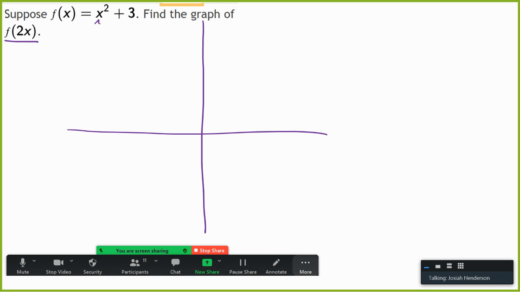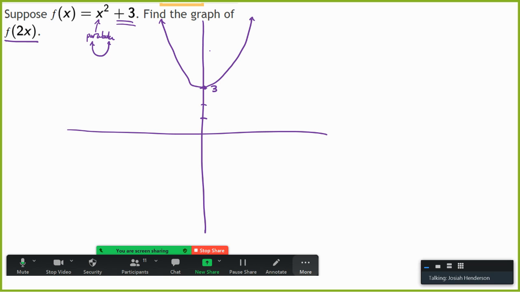It's the parabola, which we know is like this, but it already has a transformation of plus 3 or translation of plus 3. So here's our parent graph, just like last time. It's the same parent graph as the last example. Why is it there? Because of that plus 3. So it's starting here.